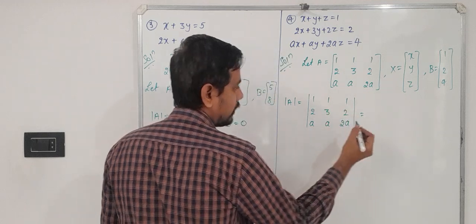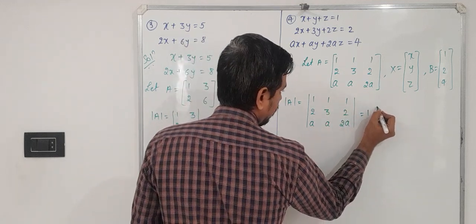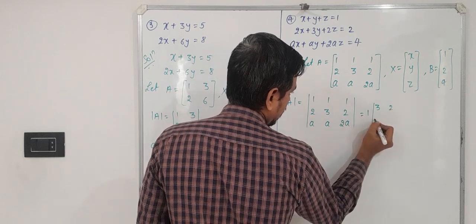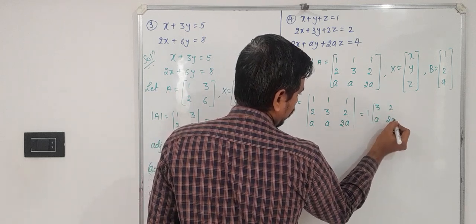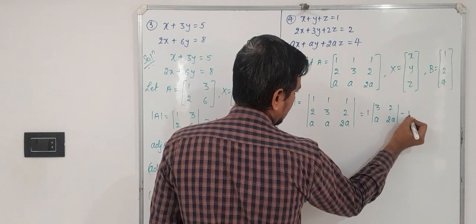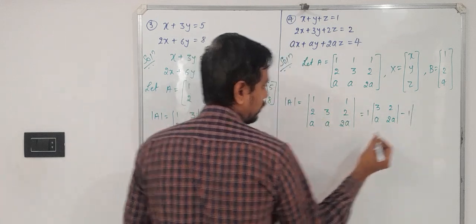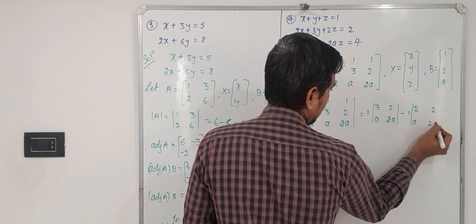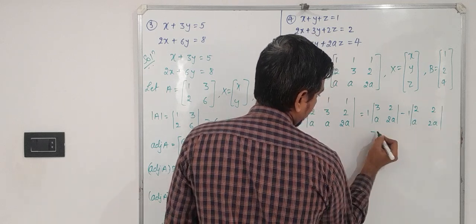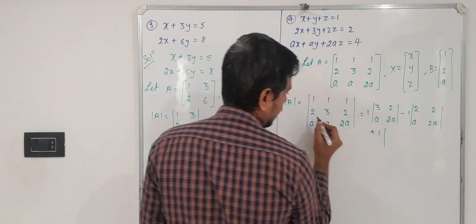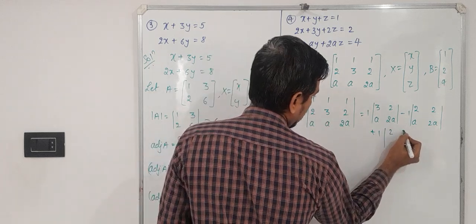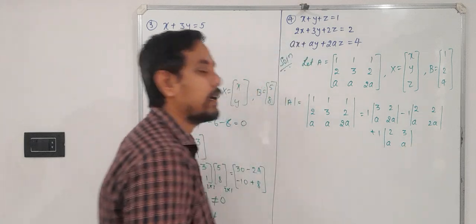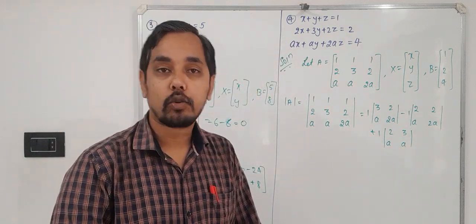So this is 1 into determinant of 3, 2, a, 2a, minus 1 into determinant of 2, 2, a, 2a, plus 1 into determinant of 2, 3, a and a. Right? I have expanded it through the first row.